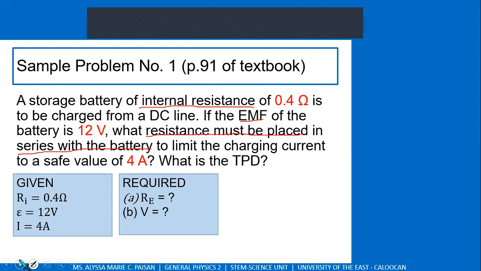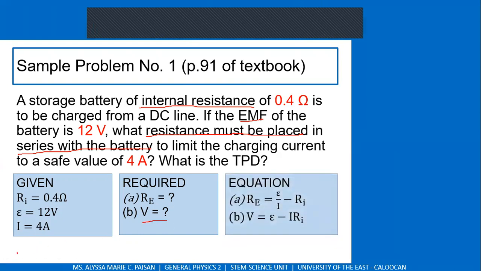And then the next question is, what is the TPD or the terminal potential difference represented by capital letter V? The equations we're going to use are RE is equal to E over I minus RI, and then for the V, TPD is equal to E minus I R sub I.